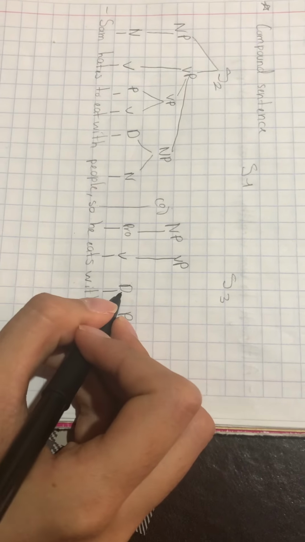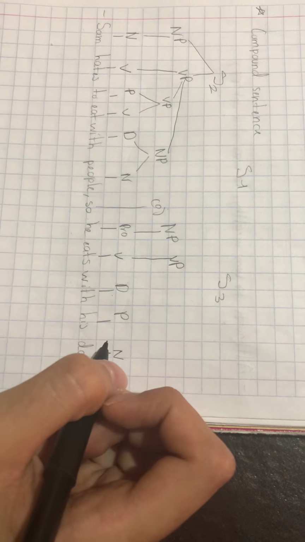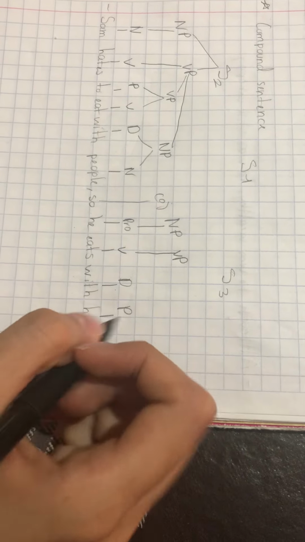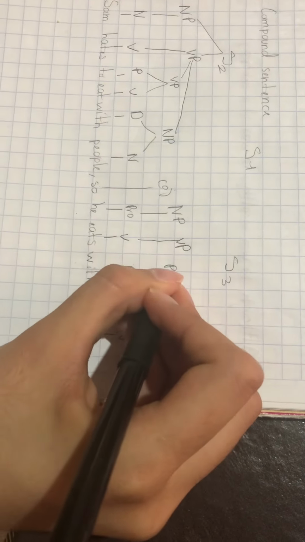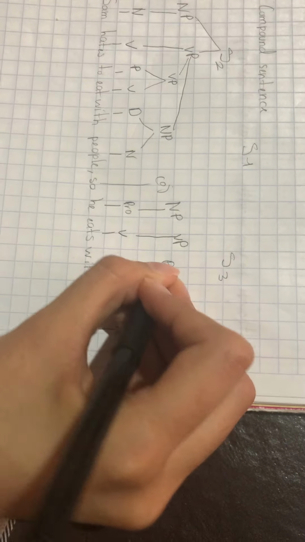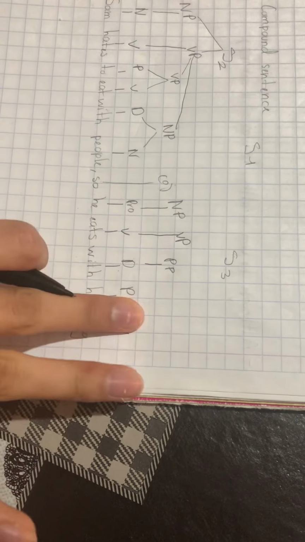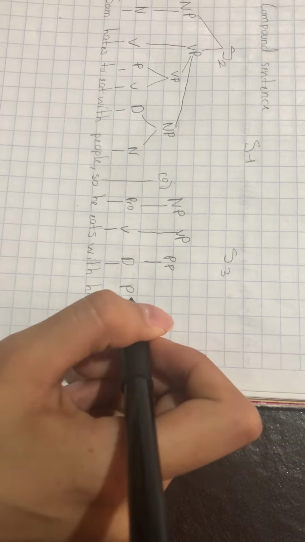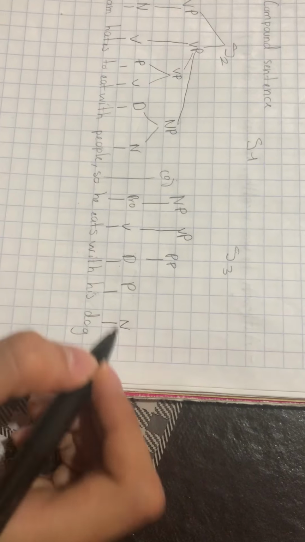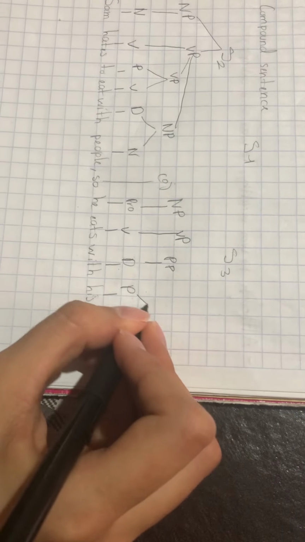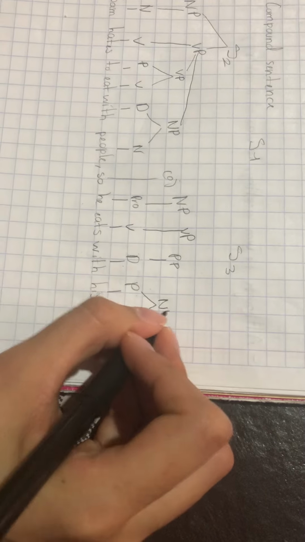Here we have a determiner, which is a preposition as well, and we're going to leave it also alone as a preposition phrase. And here, as we have a determiner, which is a pronoun, and a noun, we put them together and create a noun phrase.